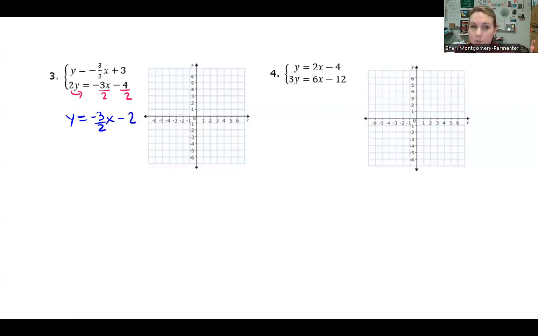So that is that equation once we fix it. You will have to do the same thing for the second one on number 4. You'll have to divide by 3, divide by 3. Go ahead and fix number 4 so you don't forget.